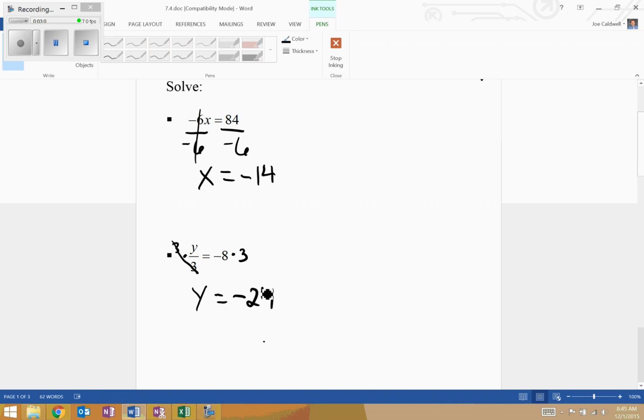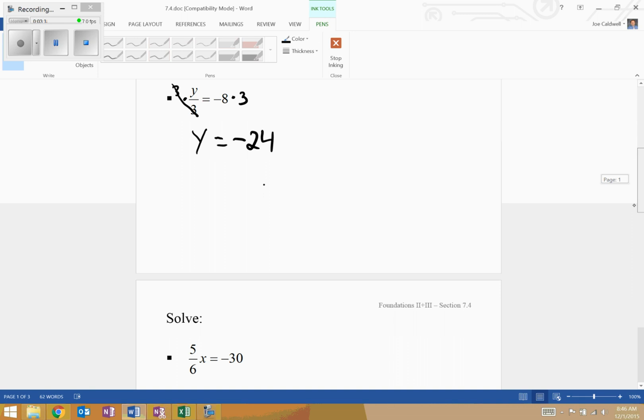And again, I forgot to do this up here, you can always plug things back in. So if I plug -14 back in with -6, -6 times -14 does equal 84. If I plug in -24 divided by 3, it equals -8. So that's always a way to know if you got the right answer, by checking it.